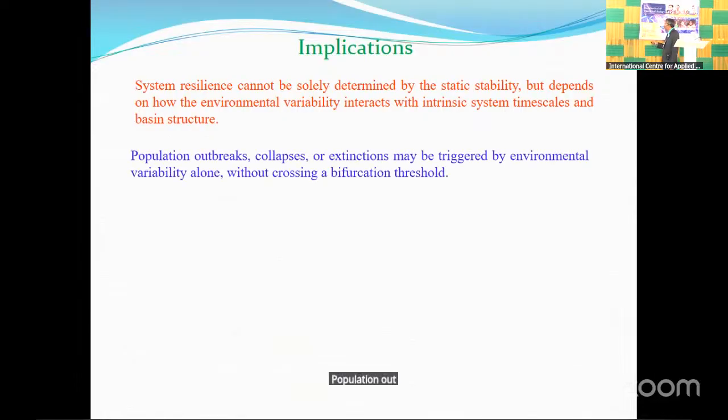Population outbreaks, collapses, or extinctions may be triggered by environmental variability alone without crossing a bifurcation threshold. Because you have seen that in the case of bifurcation, crossing the bifurcation is a necessary condition, but in the case of partial tipping, crossing the bifurcation is not necessary at all.